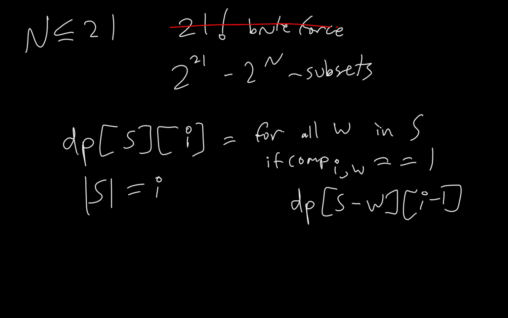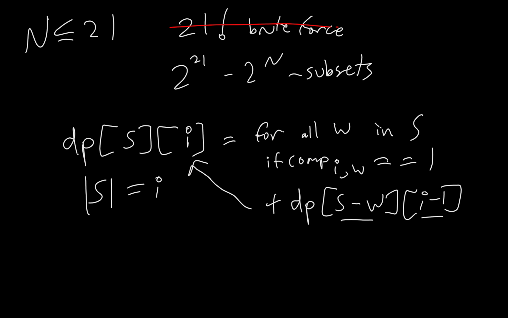And to find out the number of possible ways to do this, we just add the number of ways to make this subset with the first i minus 1 men, and we add it to this, right? And we do this for all women which are in S and which are compatible with the last man.